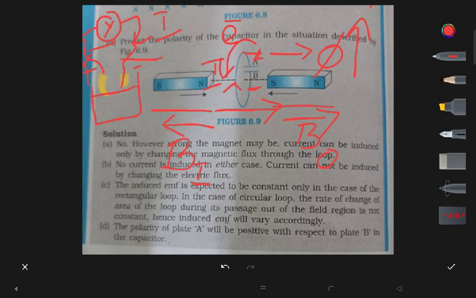That means when current flows from the positive terminal to the negative terminal in the external circuit, inside the battery the current flows from negative to positive. That means this ring acts as a battery. This current flow is very similar to the current flow inside the battery, and the capacitor plates are used as the terminals of the battery. Thank you.